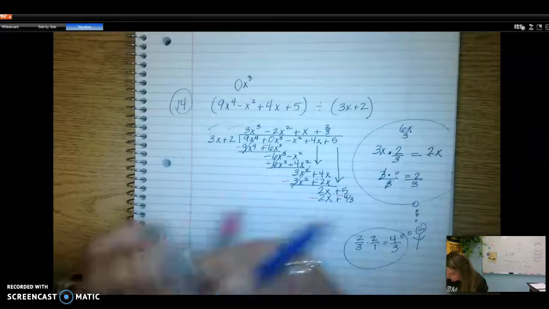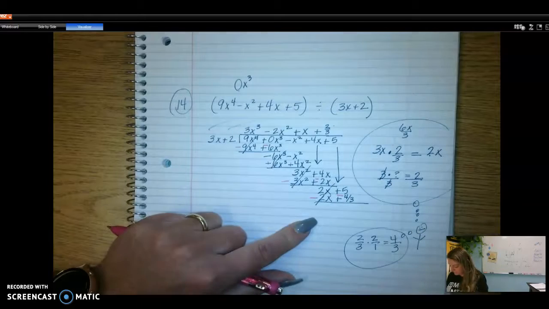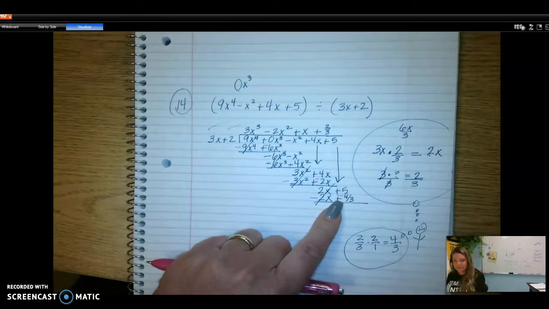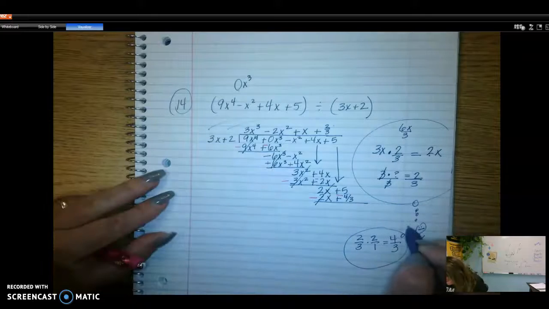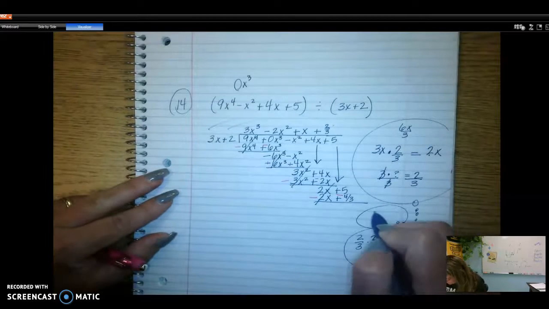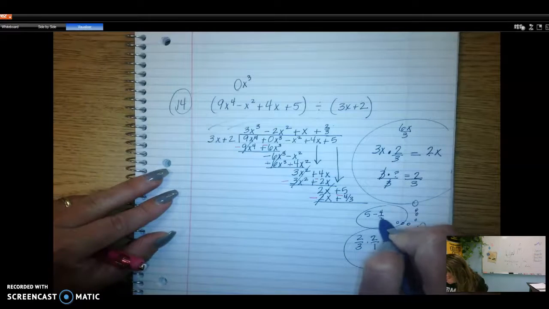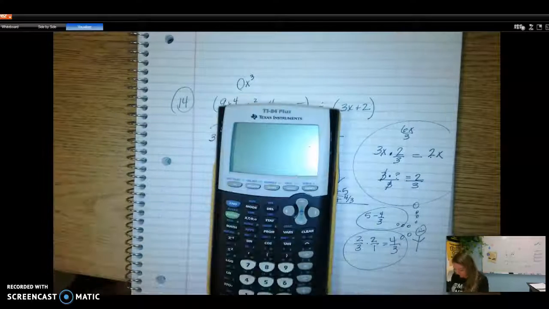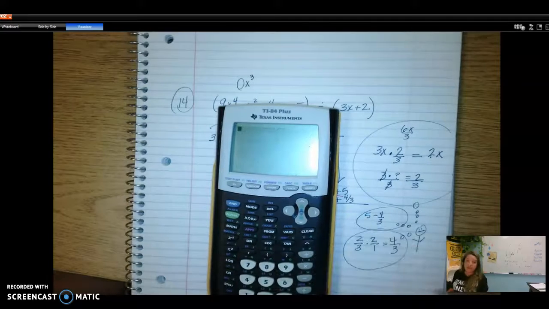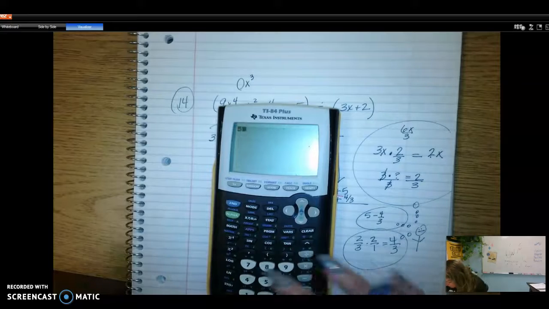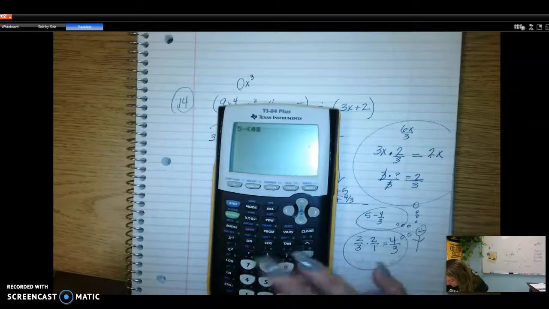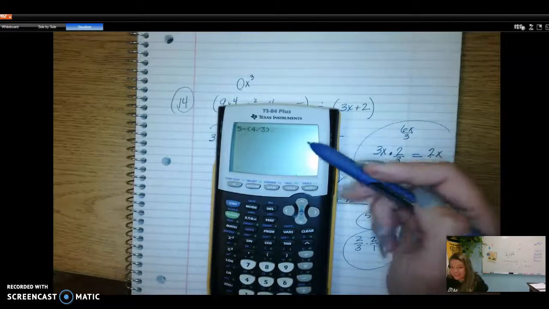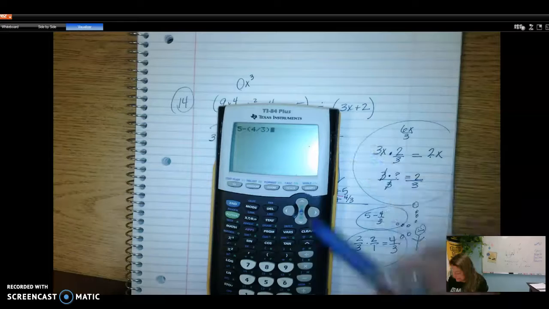Let's change our signs. And then I need to do 5 minus 4/3. Dagnabbit, if I don't need another bubble. 5 minus 4/3. Wait a minute. Hunsaker showed me a really cool trick on my calculator, right? Let's get that puppy out. So if I did 5 minus 4/3, by the way, in my calculator, I like to put my fractions in parentheses.